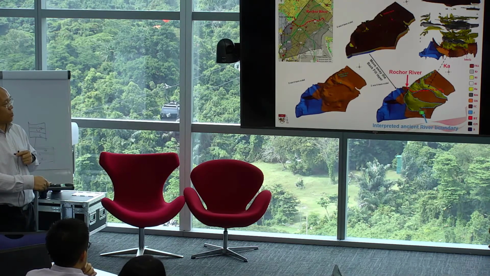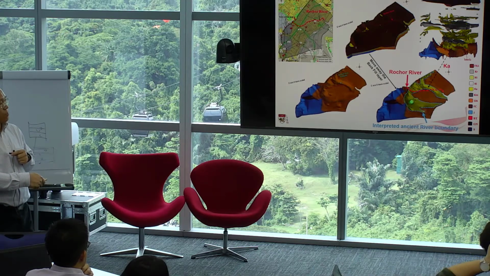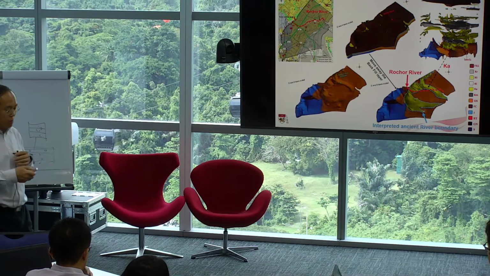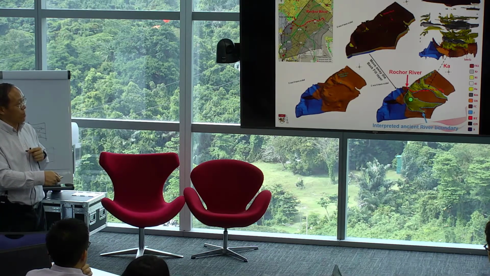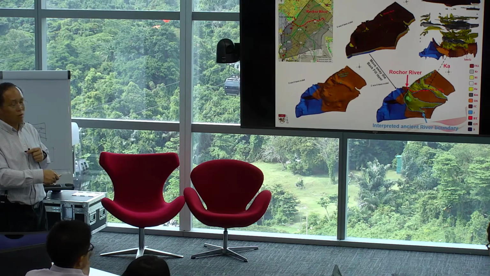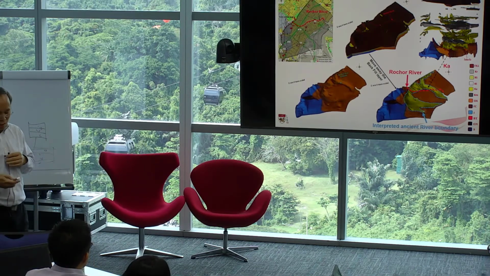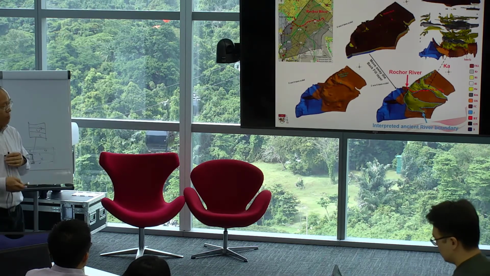So this is actually the ancient Rochor River in the past. Once you know the distribution, you will have additional information for your site investigation. If you have a borehole over here, you can anticipate that even the area before and after the borehole, you are going to get soft clay. The information will be useful for geotechnical design as well as for planning.